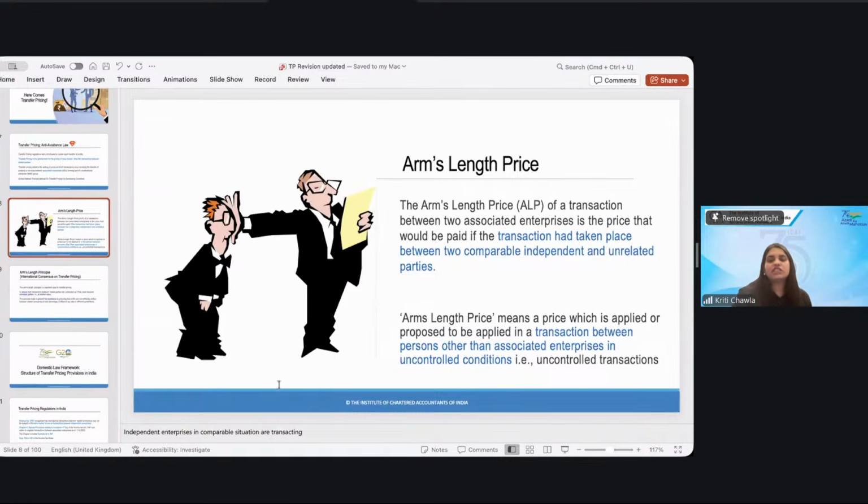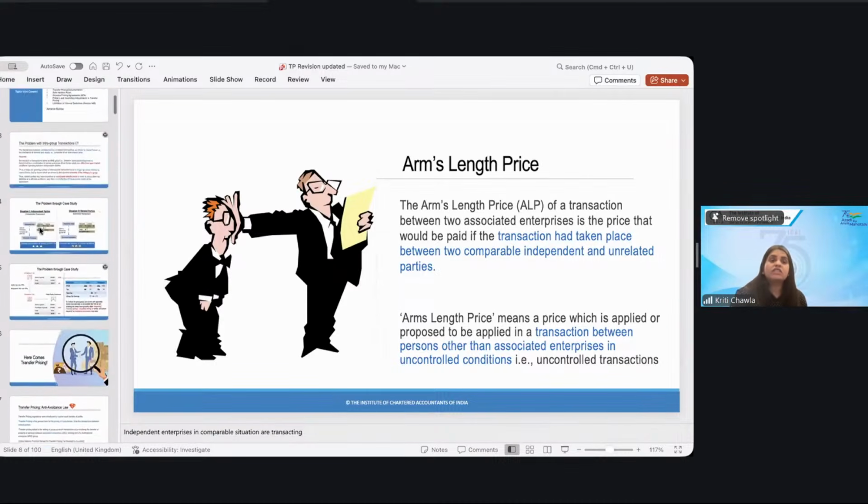So this is where I've mentioned arm's length price means a price which is applied or proposed to be applied in a transaction between persons other than associated enterprises in uncontrolled conditions. That is uncontrolled transactions. When I say uncontrolled transactions, it's basically independent party transactions, and it should be in comparable situations.